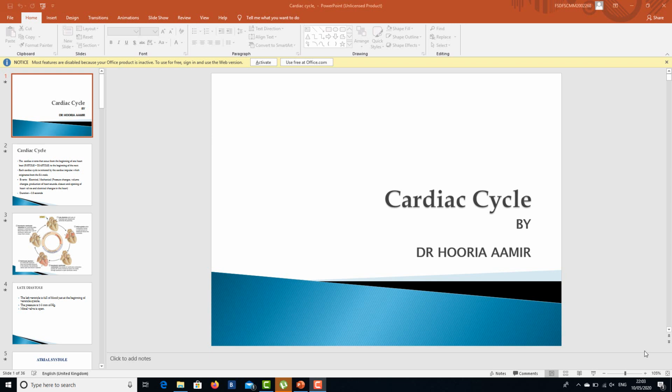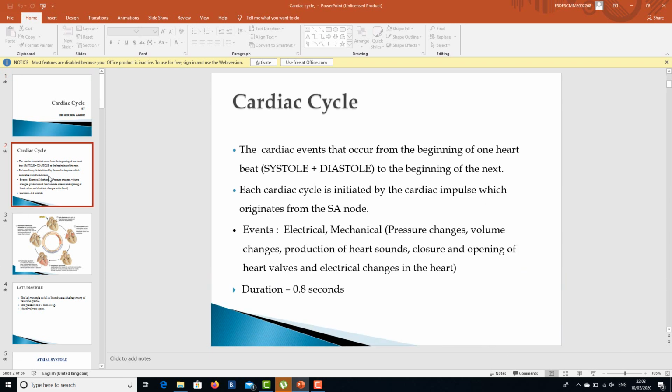Now, what is this cardiac cycle? A cycle is actually the completion of one thing. Whatever thing we are doing, we should first be knowing about the definition.